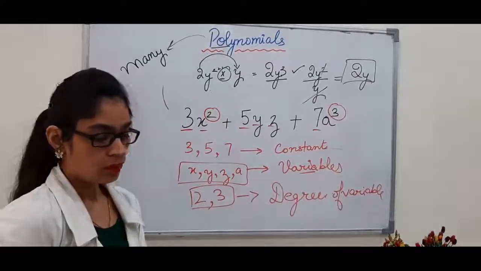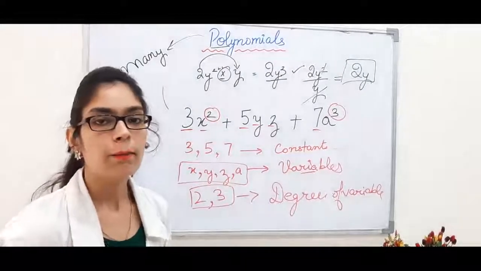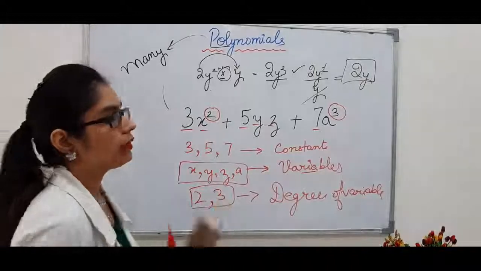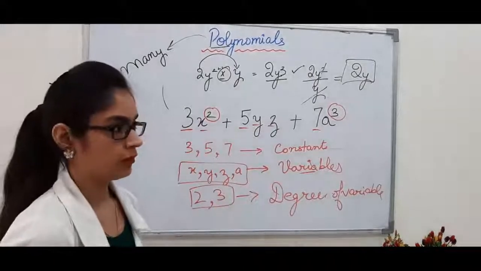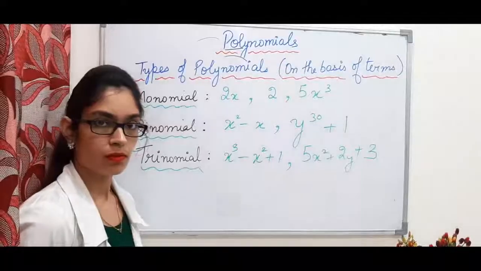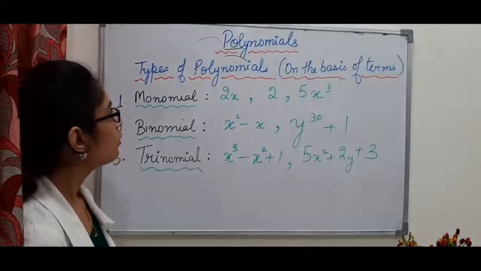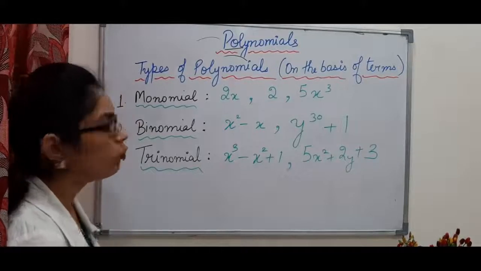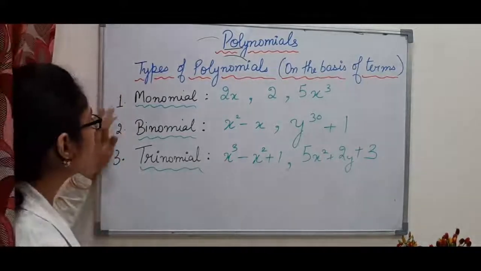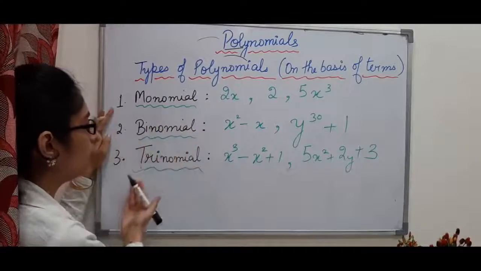Now we have a few types of polynomial based on terms and based on the degrees. So let's discuss that. Based on terms, we have three types of polynomials. I have written those types: monomial, binomial and trinomial.